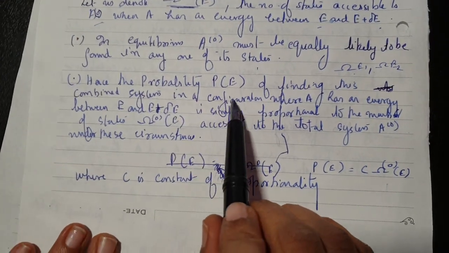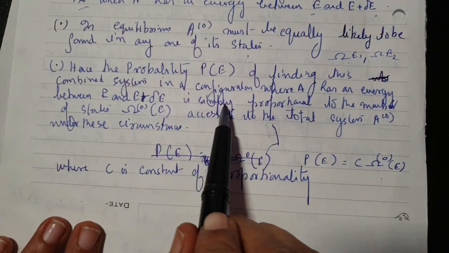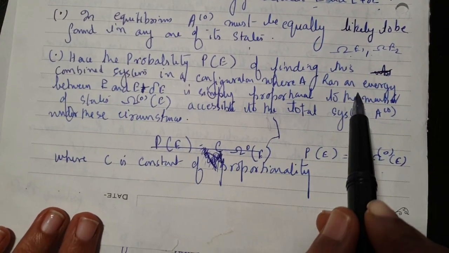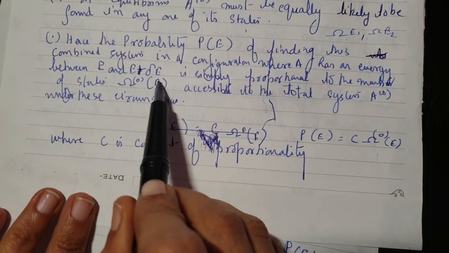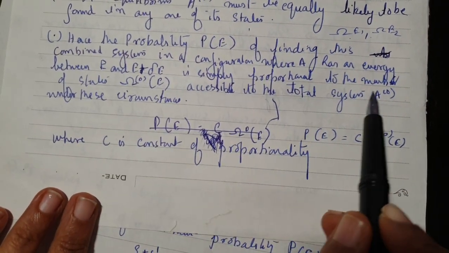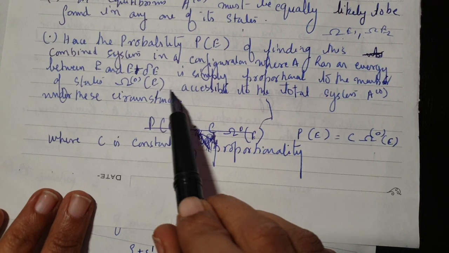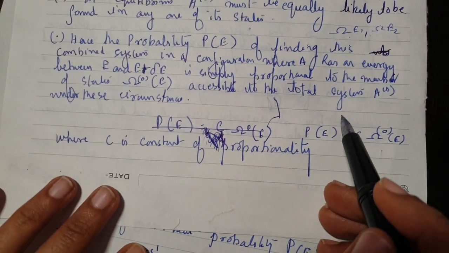So hence the probability P of finding this combined system in a configuration where A has energy between E and E plus dE is simply proportional to the number of states accessible to the total system A naught.